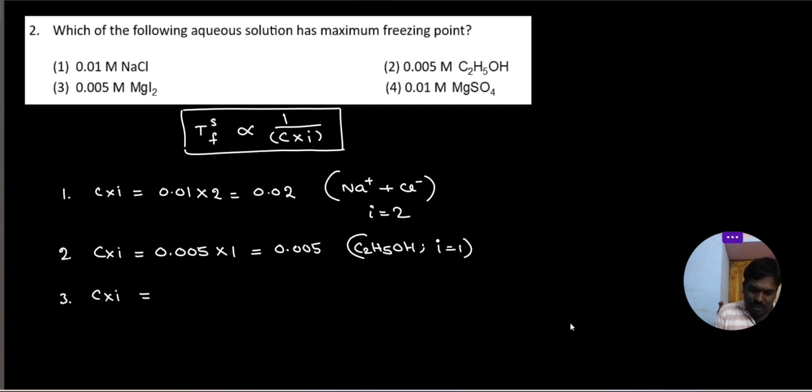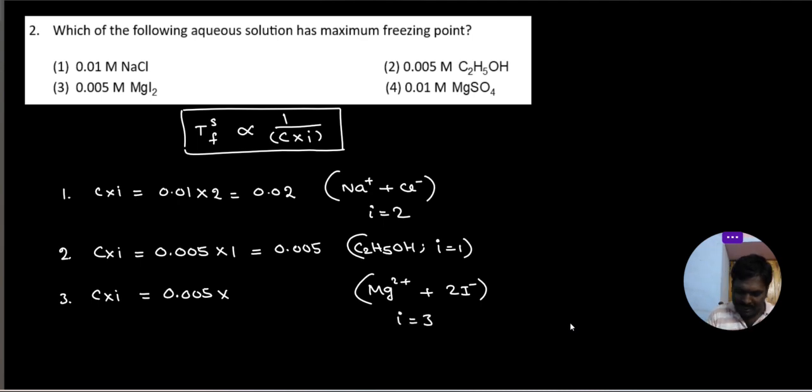Now third option, 0.005 into magnesium iodide. How is it dissociated? Mg2+ and 2I-. So the van't Hoff factor equals how many particles? 3 particles, so 0.015.